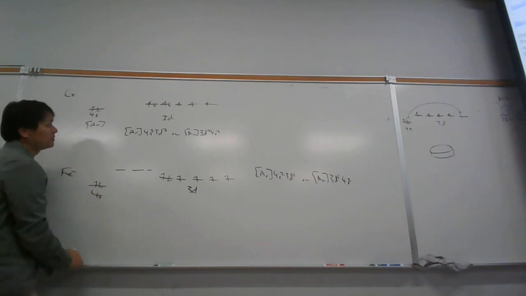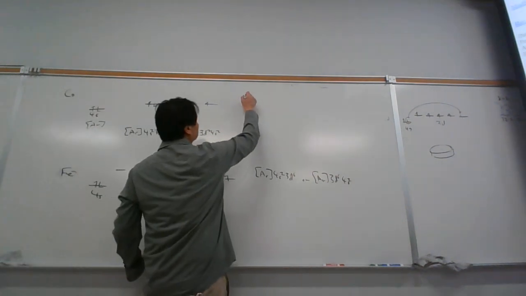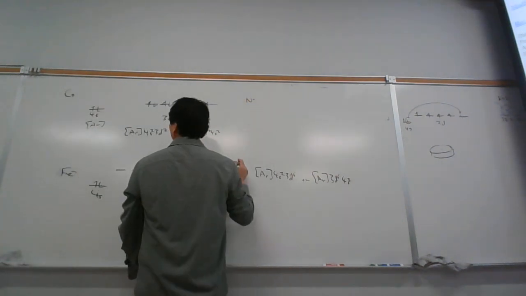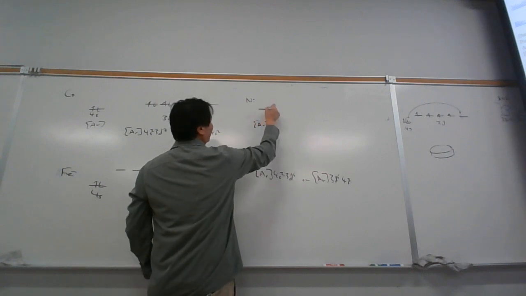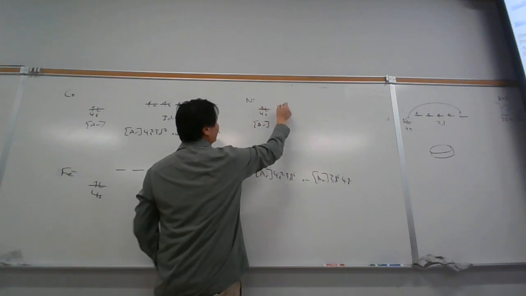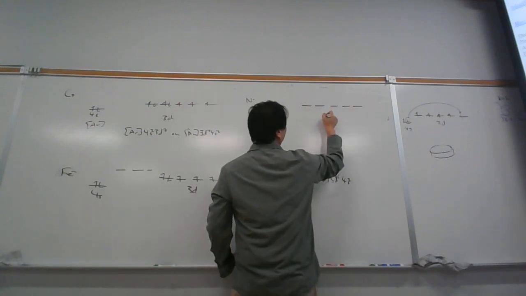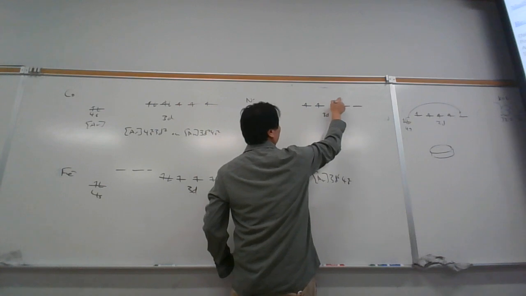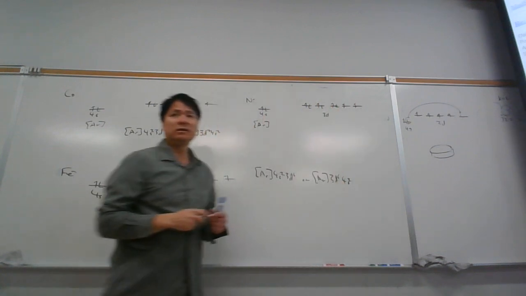After cobalt comes nickel. Nickel is argon, 4s2, 3d8. Do you see something?